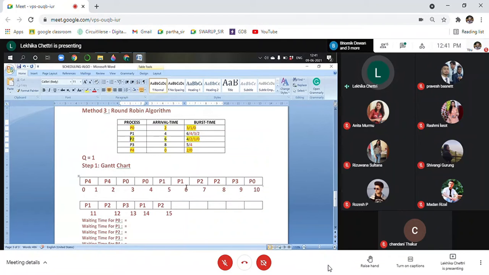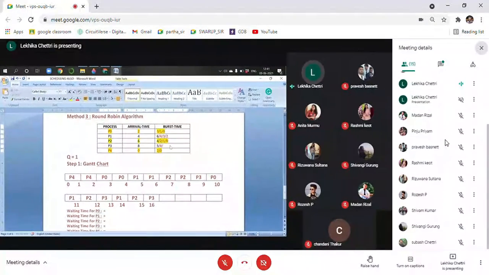The process has terminated. Okay, now after P2 which one will come? P3. After P2, P3 will come. The time will be updated to 16.